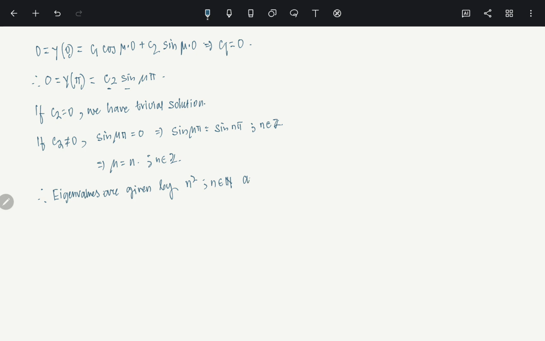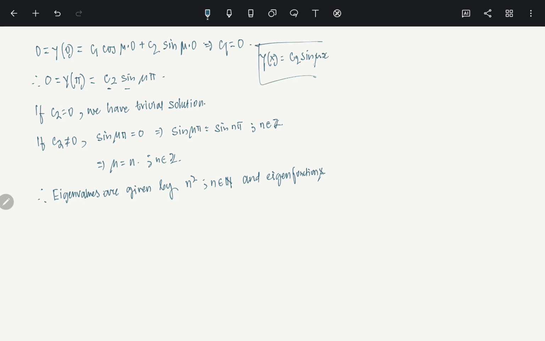And what are the corresponding eigenfunctions? What are the solutions of this? If mu is n, after all of this, what is y of x? Y of x is nothing but c2 times sine mu x, right?